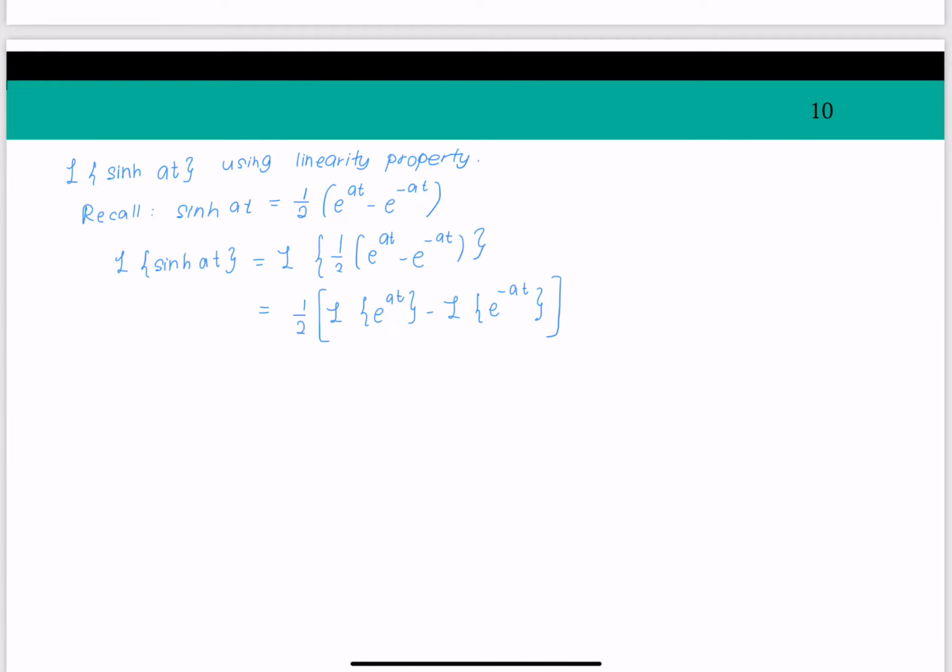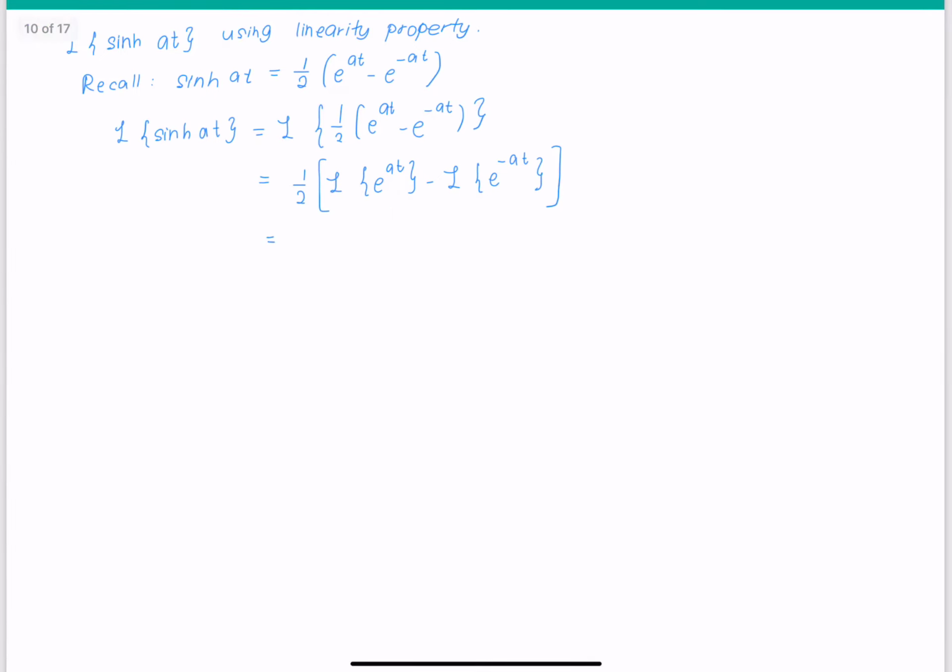Okay, so you can refer to the table. The Laplace transform of exponent at is 1 over s minus a, and for exponent negative at, we have s minus negative a. So this is equal to 1 over 2 times 1 over s minus a, minus 1 over 2 times 1 over s plus a.